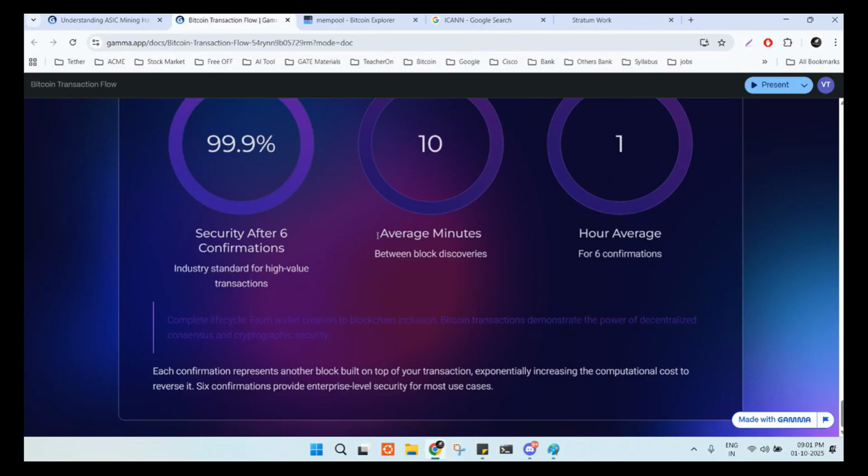Like in a central authority, we have to trust what another person is saying, right? In this, no, everyone will be validating everything, and if anything is there, they will start broadcasting it. Otherwise, they will not broadcast until they have validated it. So this way, all the things happen.